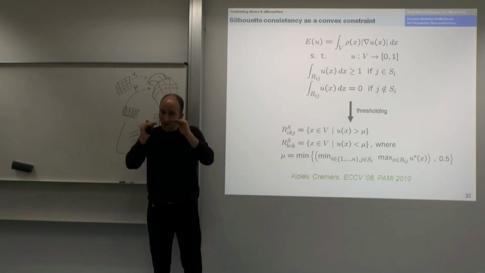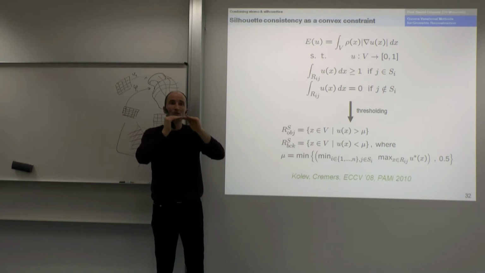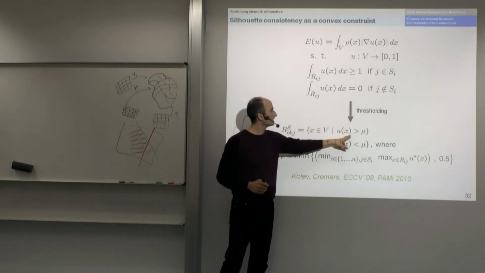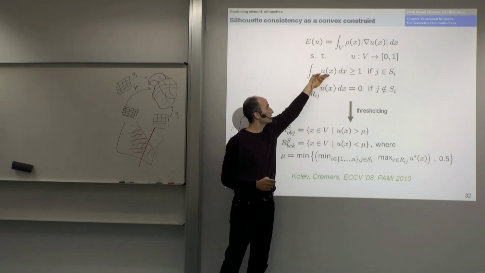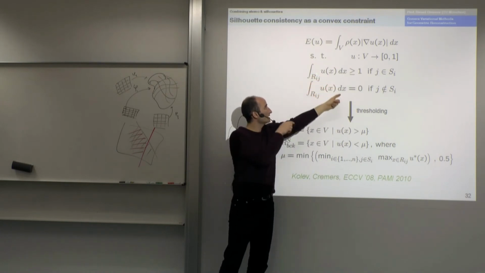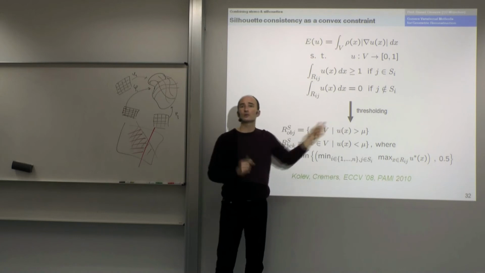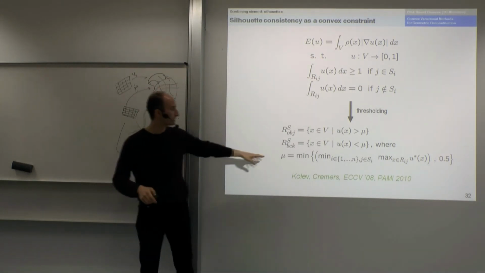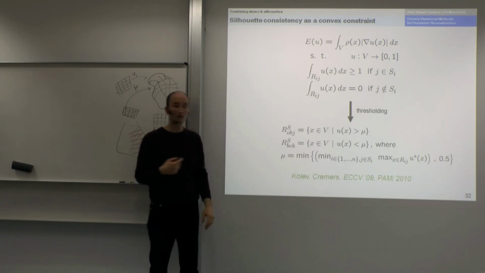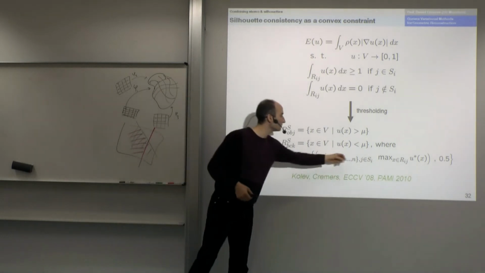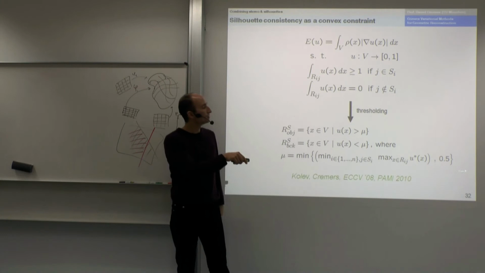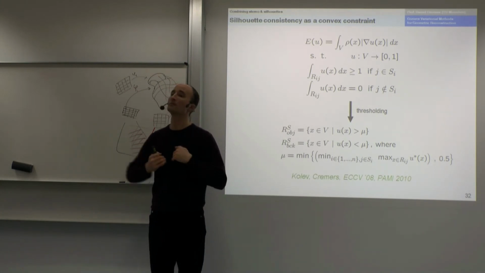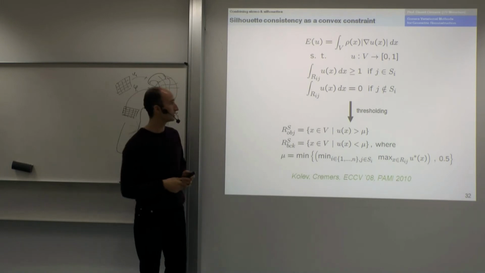And so I have to basically select a threshold which is sufficiently small such that for each ray that should be larger than 1 in this constraint, there is at least one voxel that is large enough. And this is essentially what we do here. We show that you can basically take the minimum over all these constraints to make sure that you have a threshold which makes sure that everything is silhouette consistent.